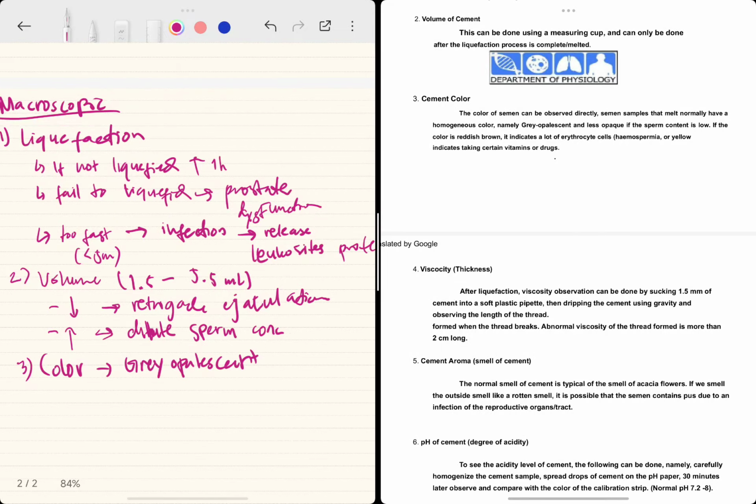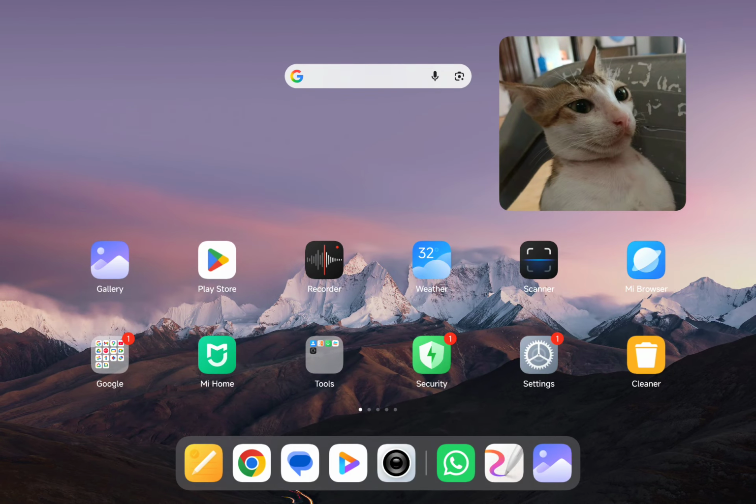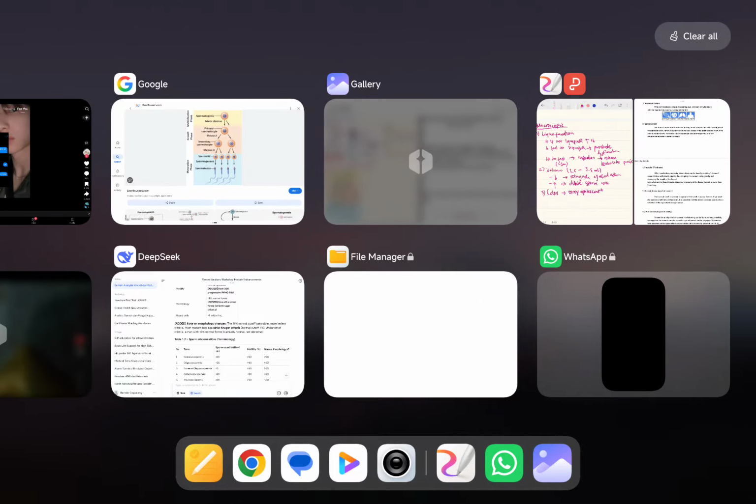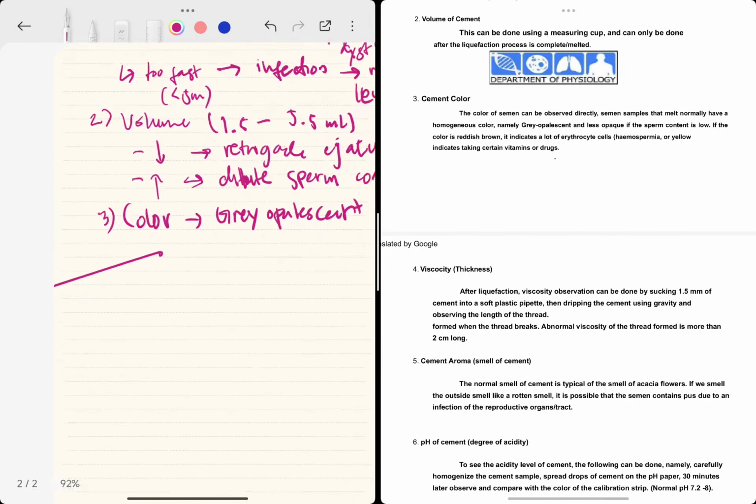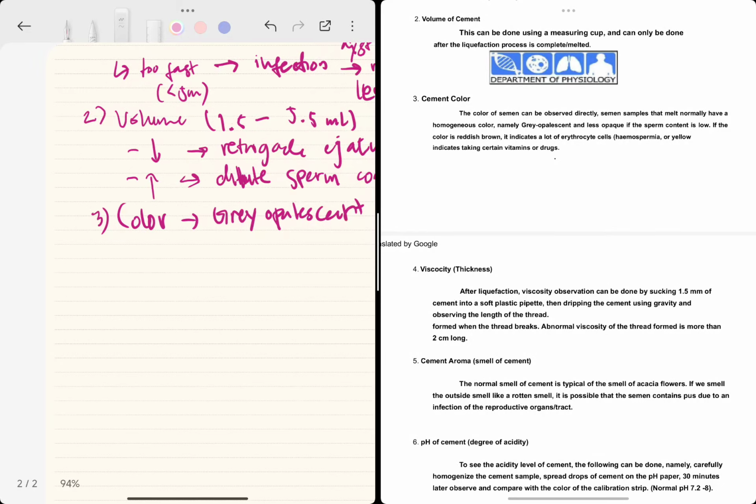If the color is less opaque, it could be that the sperm count is low.